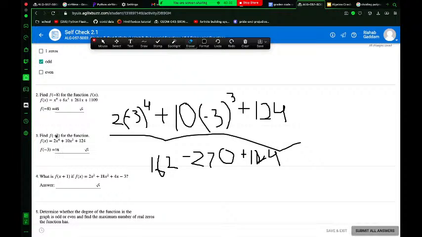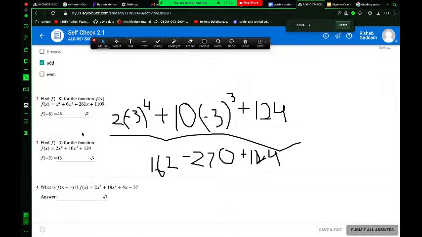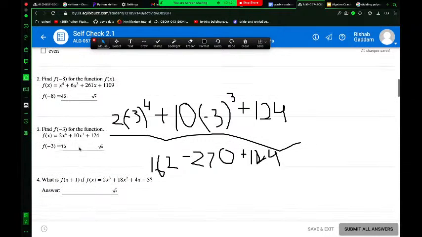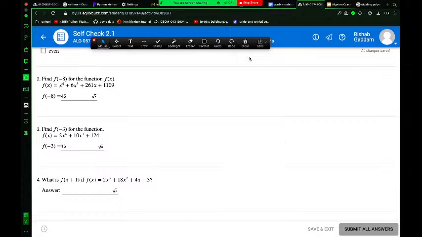That's saying you have to replace x by negative 3. Every time you see an x, you put a negative 3 in that place, as I did here. Then you just simplify that expression and you get your answer. It's really not that hard.